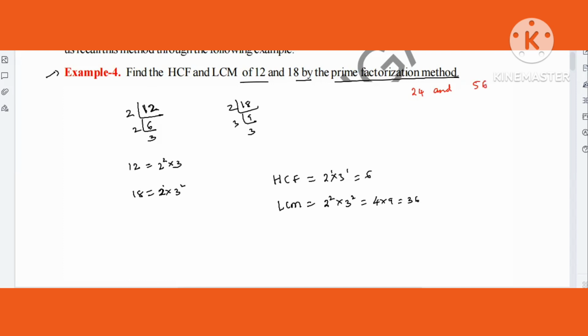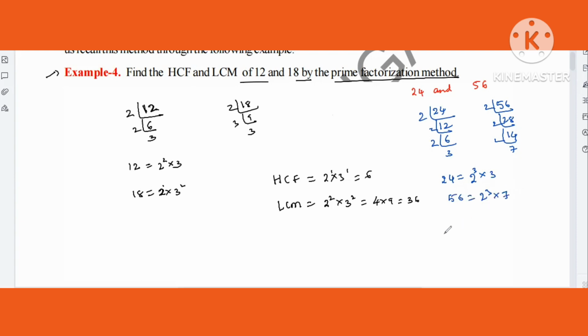First of all, we have to do prime factorization for 24. 2 twelves are 24, 2 sixes are 12, and 2 threes are 6. 56 you can write as 2 into 28, 2 into 14, 2 into 7. So we get 24 as 2 power 3 into 3, and 56 as 2 power 3 into 7.